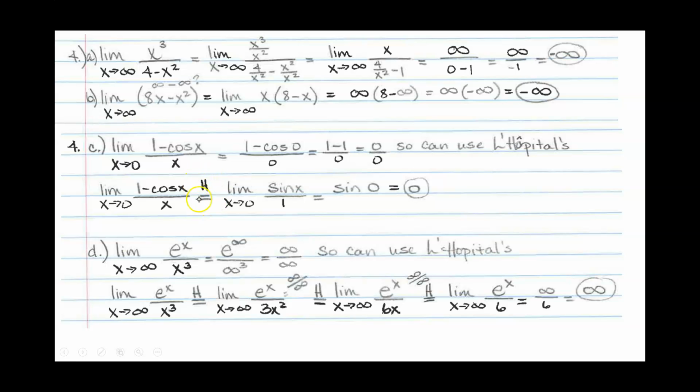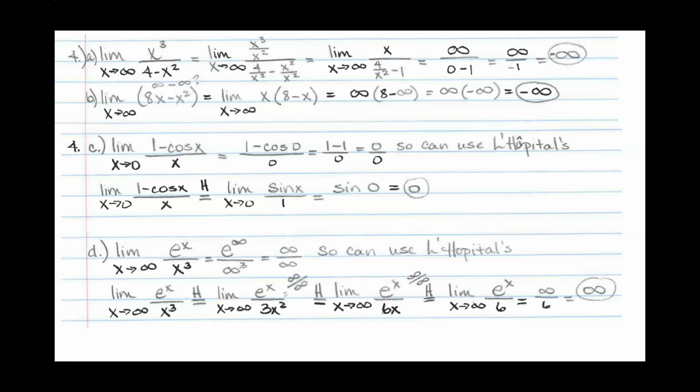Remember, we have to put the capital H on here to show these two are equal. That's the only way they can be equal. So according to L'Hopital's, I take the derivative of the numerator, so the derivative of 1 is 0, the derivative of cosine is negative sine, so negative negative sine would be positive sine, and the derivative of x is 1. So now if I plug in, I'm going to get sine 0 over 1, and the sine at 0 is 0, so I'd get 0 over 1, or 0.